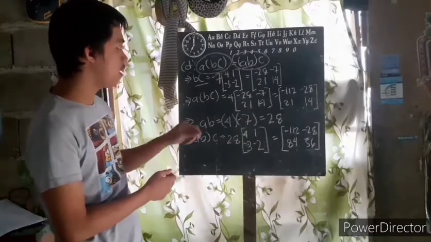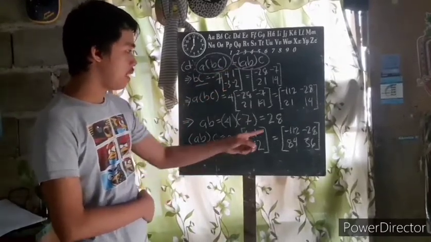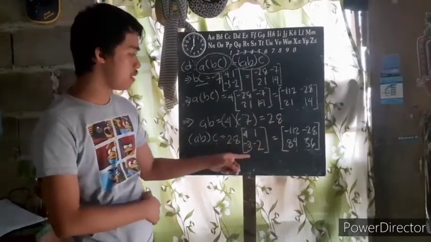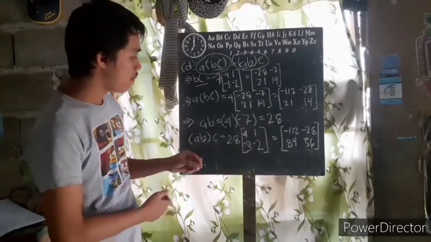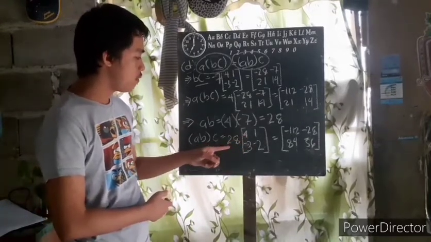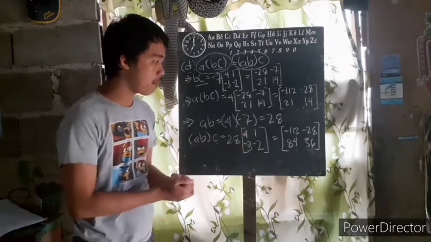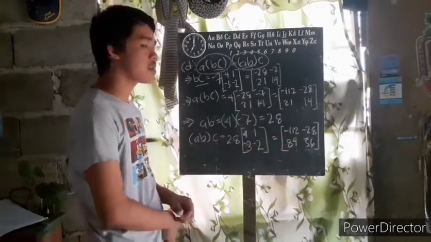Then we can finally find what is AB times C. So copy the answer of AB here, multiply by the matrix C, which is 4, 1, negative 3, and negative 2. Multiply each element of the matrix C by negative 28, so we can come up with the answer of negative 112, negative 28, 84, and 56.